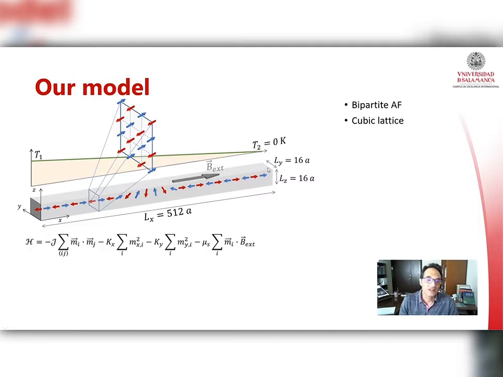We consider a very simple Hamiltonian, taking into account only exchange, anisotropy, and Zeeman term. And for the anisotropy, we consider biaxial anisotropy. This is the main uniaxial anisotropy, where x is the global easy axis, and then this is a secondary uniaxial anisotropy, where in the YZ plane, y is the easy axis, z is the hard axis.